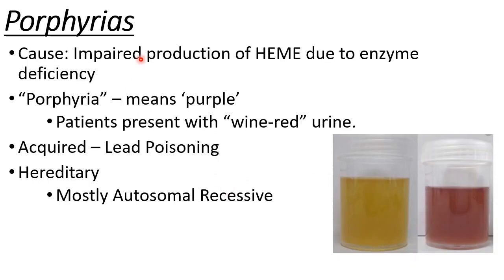Okay, balikan natin si porphyria. So, yun nga, meron tayong impaired production of heme dahil bagsak or deficient yung levels of your enzymes. And for nomenclature, no, porphyria means purple dahil by history, yung mga physicians before na ang nati-take note nila or na-examine nila sa pasyente may porphyria, umiihi sila ng purple colored urine or tinatawag natin wine red urine.